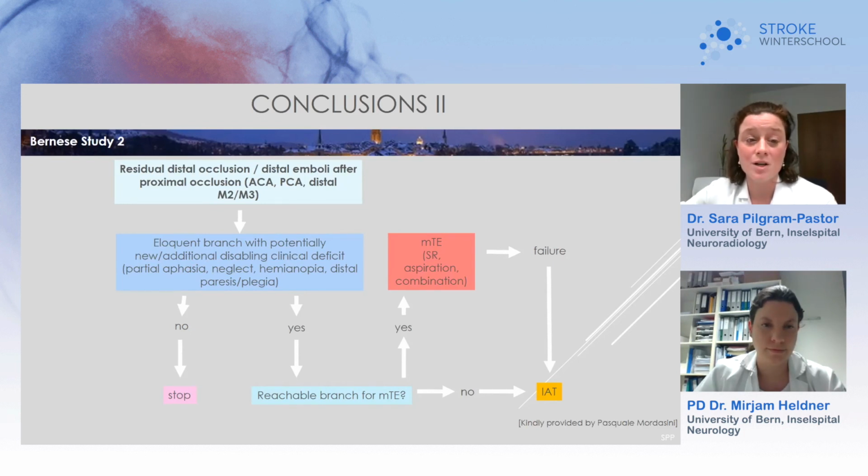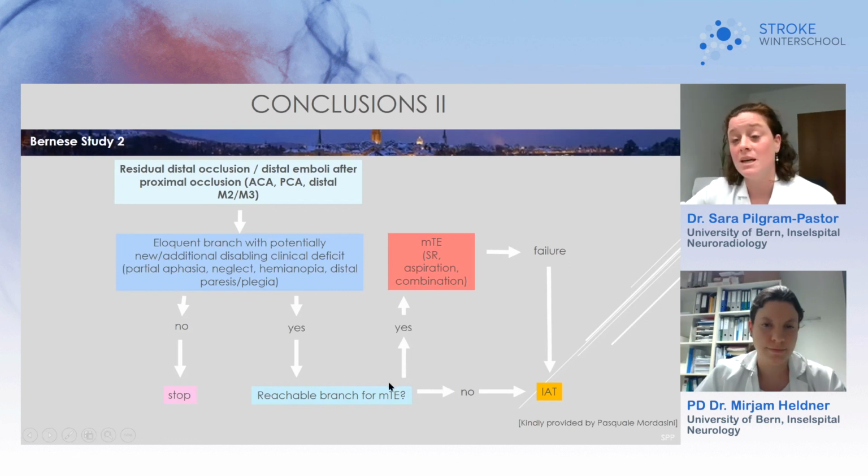If this branch is in an eloquent region with a potential new additional disabling clinical deficit, such as aphasia, neglect, distal paresis or something like that, then you again ask yourself if this branch is reasonable for mechanical thrombectomy. If yes, you go for it with either a stent retriever, aspiration, or a combination of both.